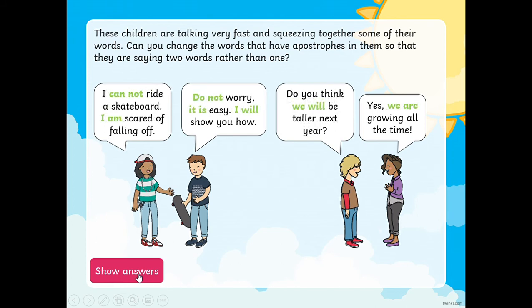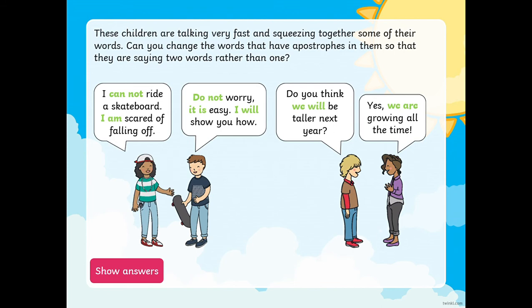So we've got can not instead of can't, I am instead of I'm, do not instead of don't, it is instead of it's, I will instead of I'll, we will instead of we'll, and we are instead of we're. Did you get those right? Give yourself a wiggly waggly pat on the back if you did.